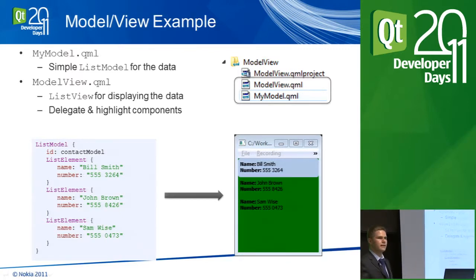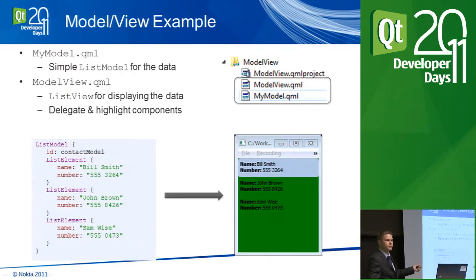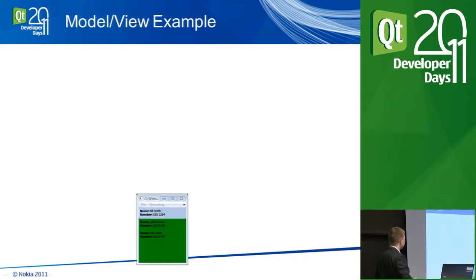This is something that we are using in the models. The list element will accept any property. And then that property, or those properties, will be made available to the delegate. So they are able to communicate, able to provide this data to the actual delegate that takes care of showing it.